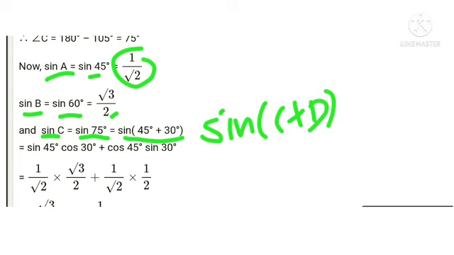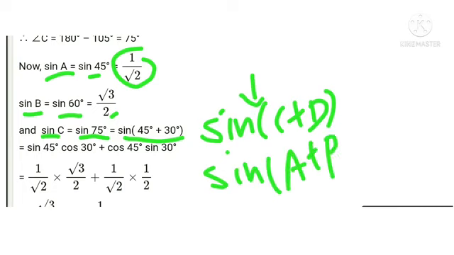Sin C cos D plus cos C sin D. Okay. Remember this rule you had studied in 11th standard. Sin of A plus B is equal to sin A cos B plus cos A sin B. That is sin 45 cos 30.